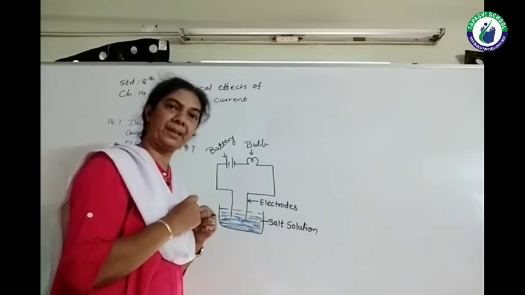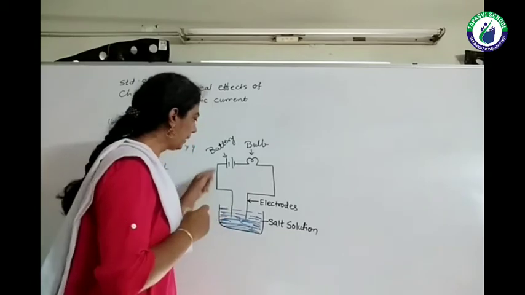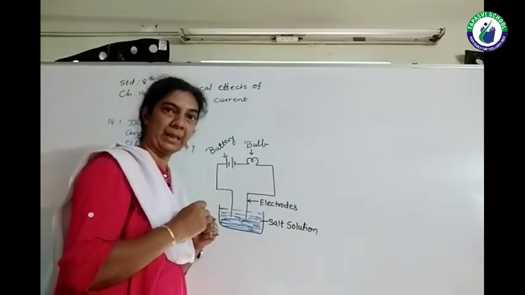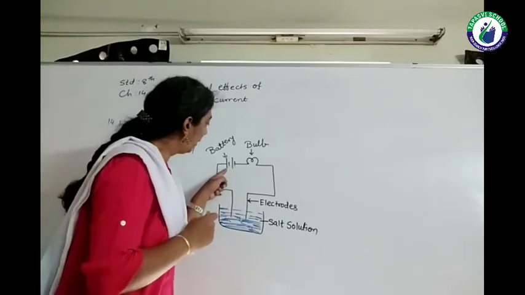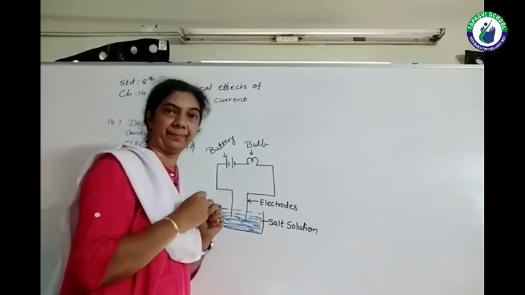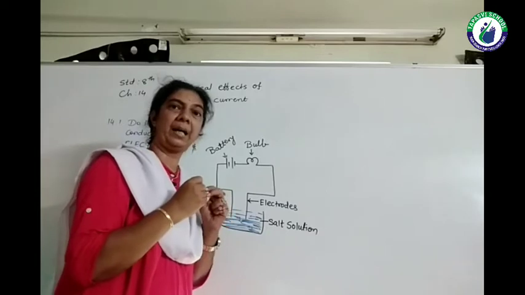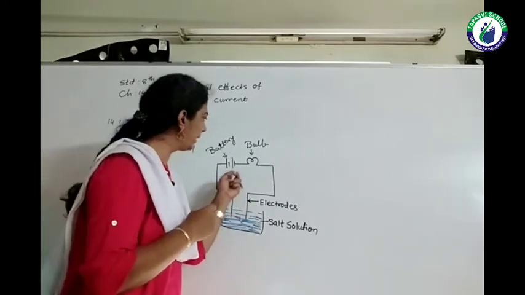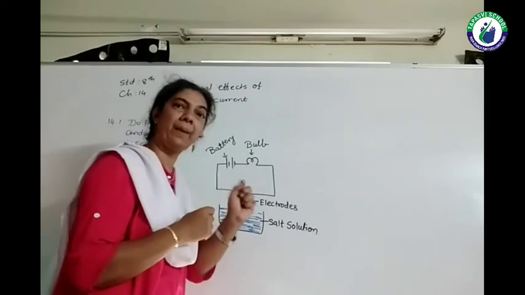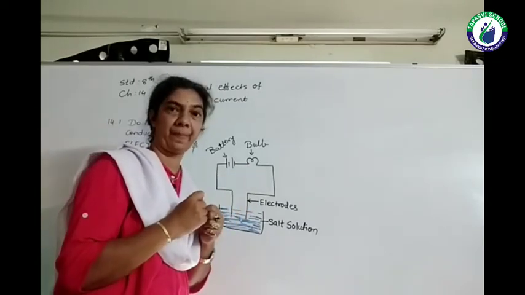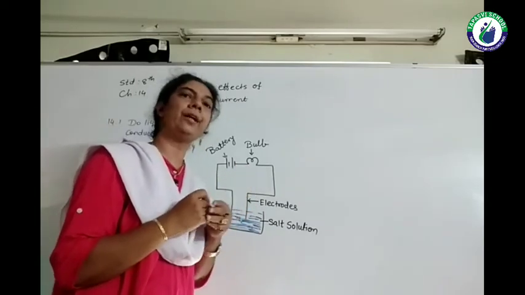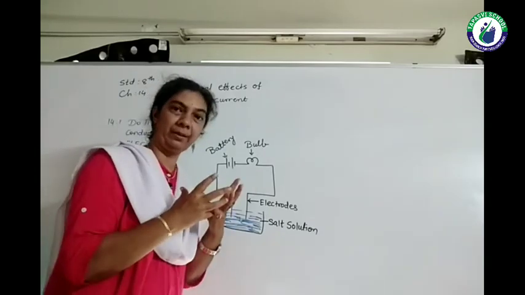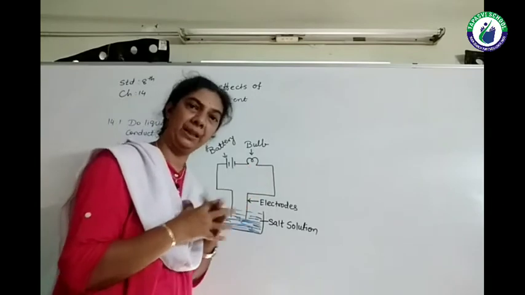How does it happen? Whenever the current is flowing, the terminals of the battery get heated, and gradually that gives heat to the filament of the bulb, and due to that heating effect, we can see the filament glowing and light in the bulb.